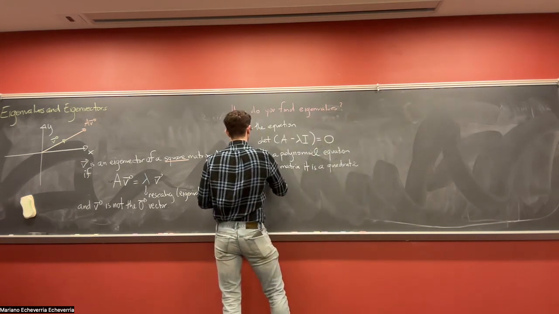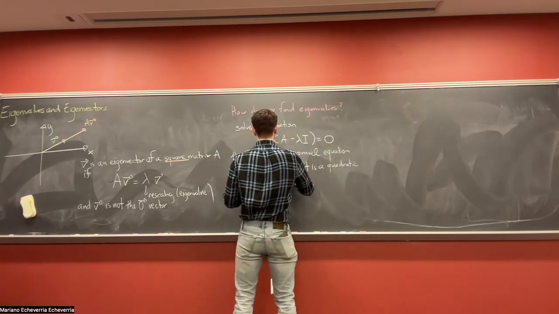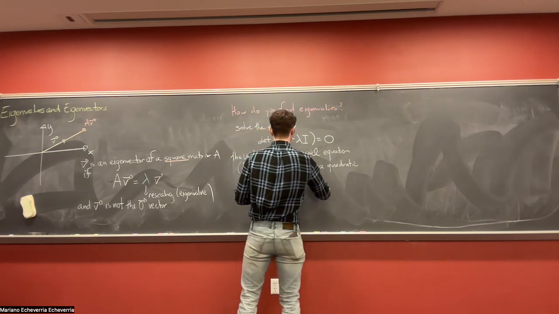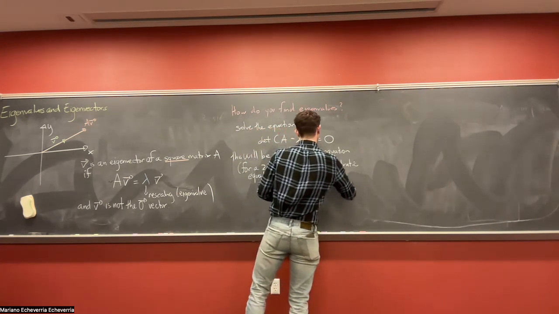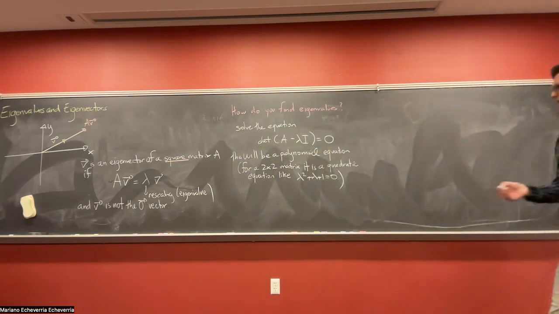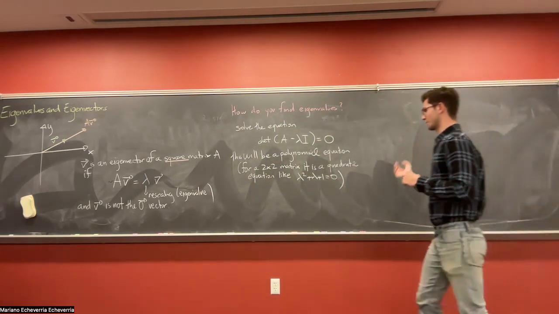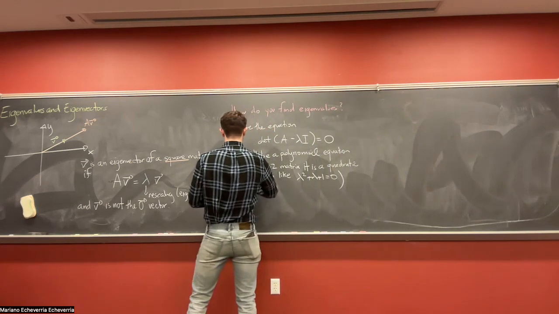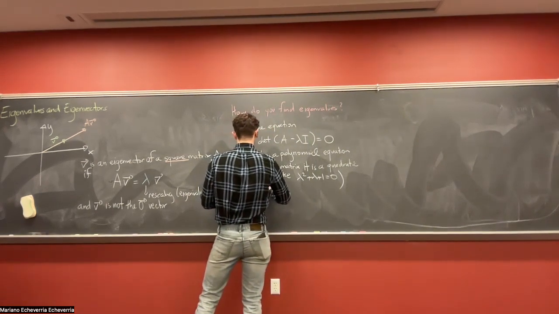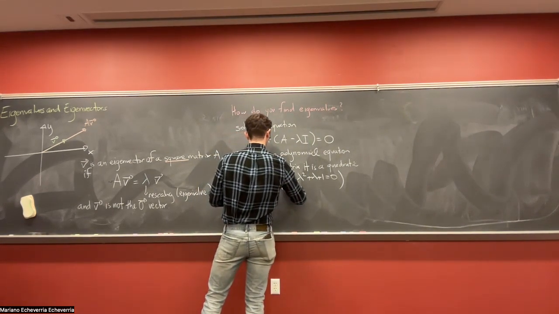What is a quadratic equation? Something like lambda squared plus lambda plus 1 equals 0. And for a 3 by 3 matrix, it's a cubic equation.